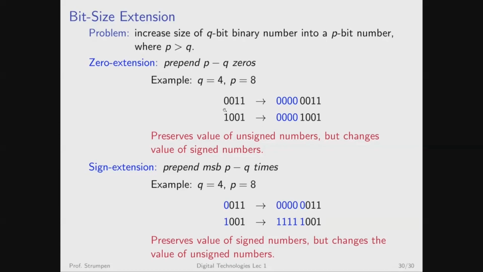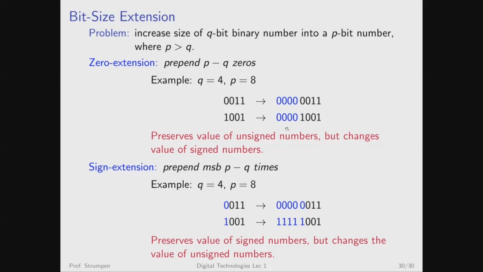However, if we interpret this 4-bit number as a signed number, the value is negative because the sign bit is 1. And if we zero extend this number, the sign bit will become 0. So this 8-bit number cannot have the same value as this 4-bit number.